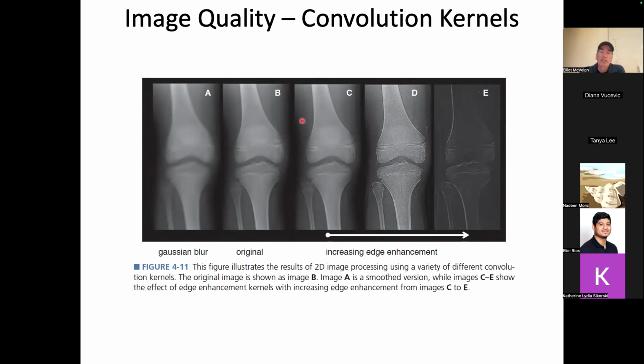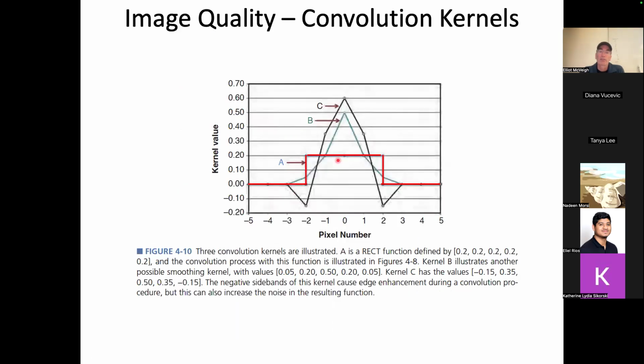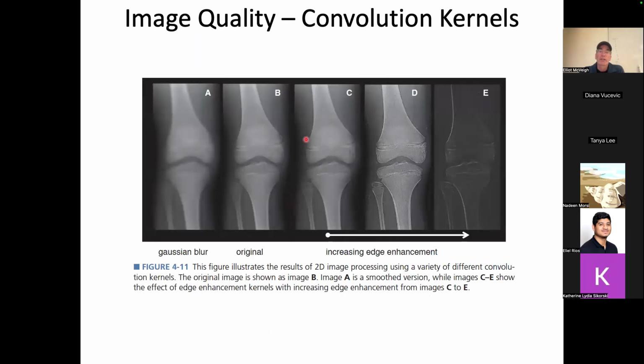Here, we're doing increasing edge enhancement. So that's in these filter kernels, the ones that have these negative lobes. So I edge enhance the picture, edge enhance it more, and now I edge enhance it so much that things that are relatively constant just go away. And the only thing left is this edge right here, right? And right here.